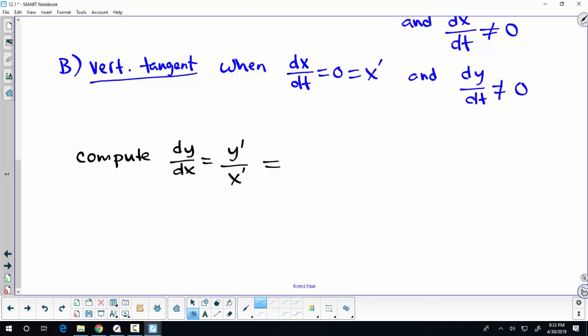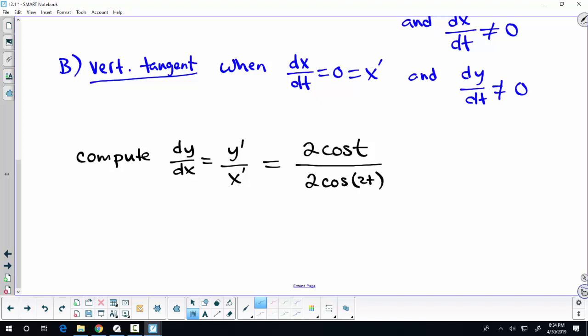So y was 2 sine t, which means the derivative of y is 2 cosine t. I skipped a page. The last page should be in your notes, but this one is not. And then the derivative of x with respect to t, x was the sine of 2t, so we have 2 cosine of 2t for x prime.